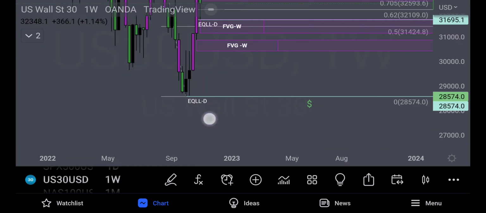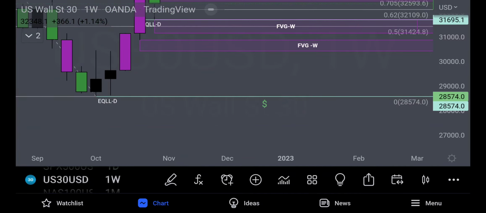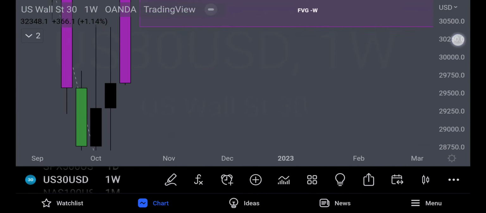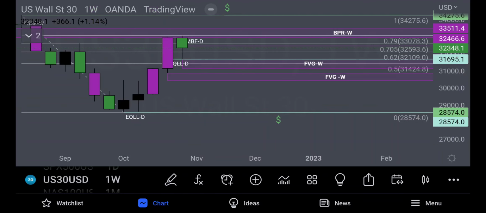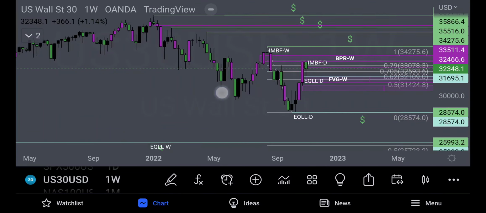Let me blow that up. Kind of trying to take my time with this to help you guys out. So here on the weekly, these are relative equal lows. So we do see that on the weekly as well. All right, so that's the weekly.